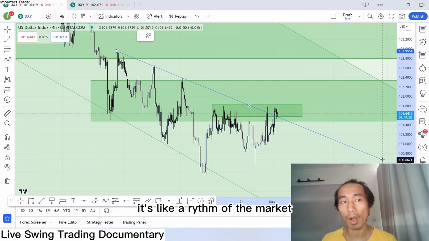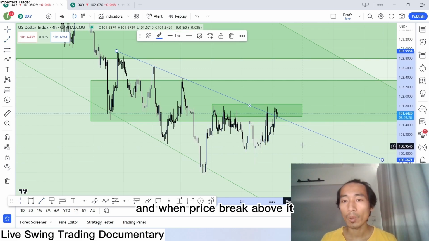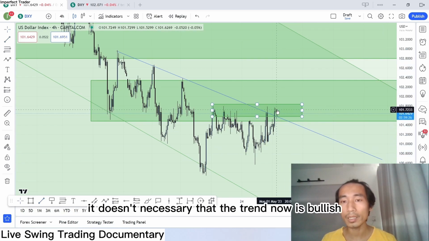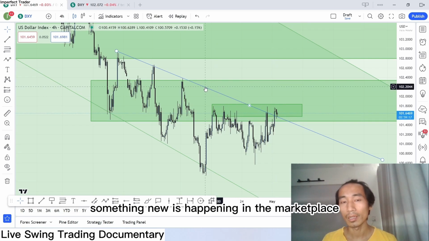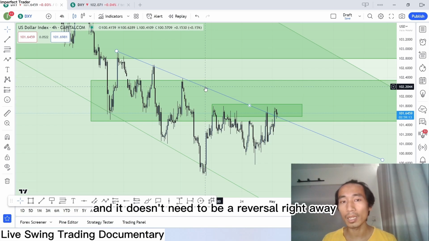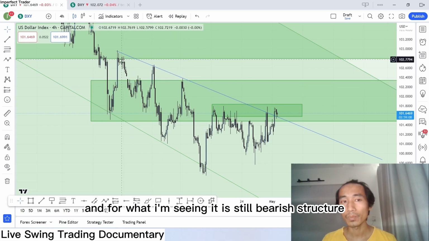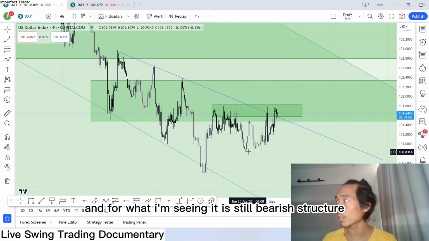It's like a rhythm of the market, and when price breaks above it, it doesn't necessarily mean the trend is now bullish, but that something different, something new is happening in the marketplace, and it doesn't need to be a reversal right away.